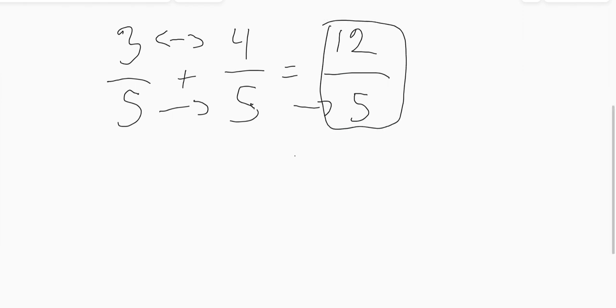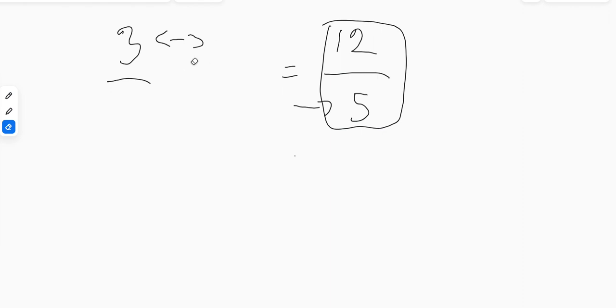That is your answer there. Now, we're going to try something a little bit more challenging. I'm going to write this 12/5 over here to the side because we're going to use this again.